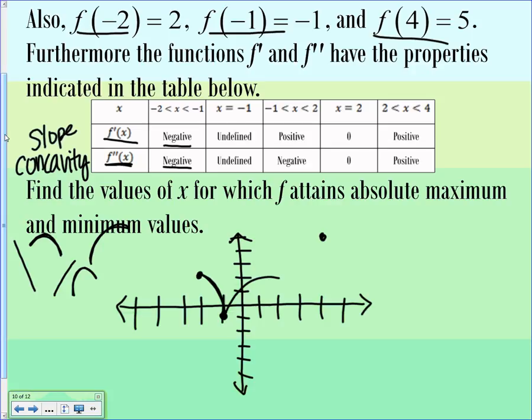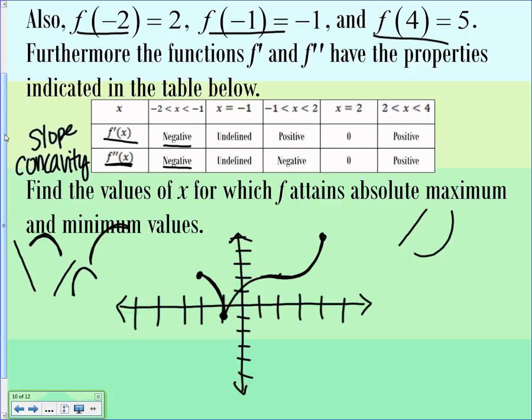And then at 2, it's a 0 for both the derivative and the second derivative. And then from 2 to 4, it is positive, so it's increasing, and it's concave up, so it's doing it like this. So what that looks like is something like that. And so it hits a flat part here, and then it starts increasing right at 2. So that's the basic shape of the graph of the function.